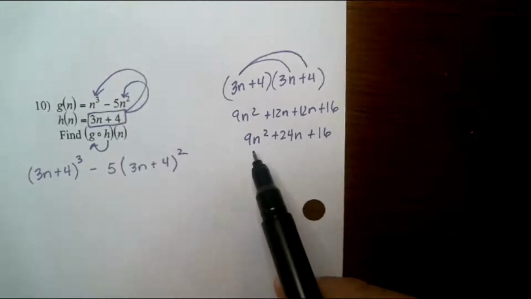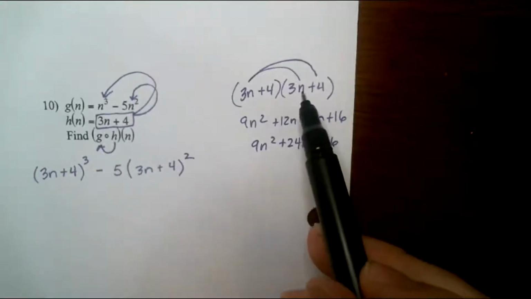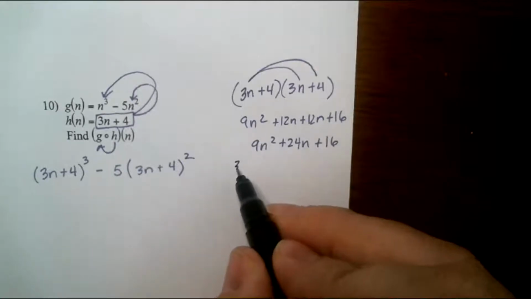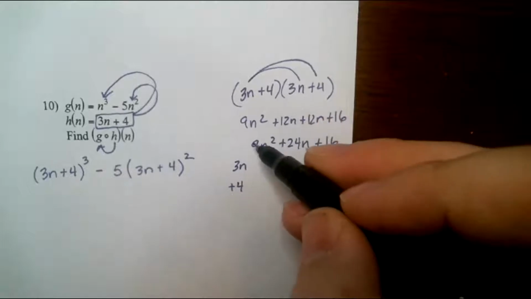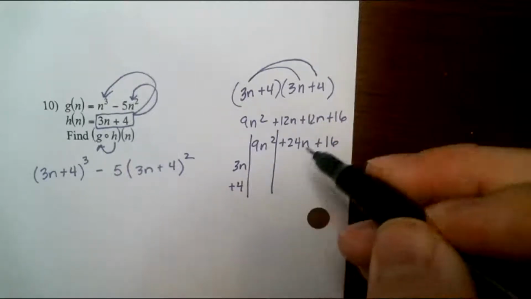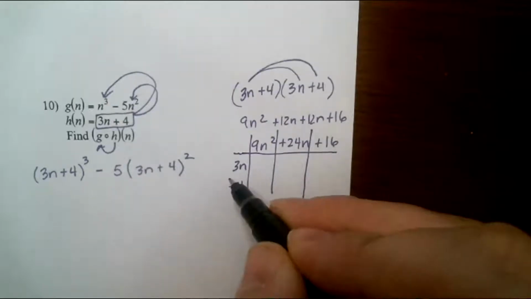Now we have to multiply this trinomial times another 3n plus 4. And if you remember, that's where we can do the whole rows and columns type method.